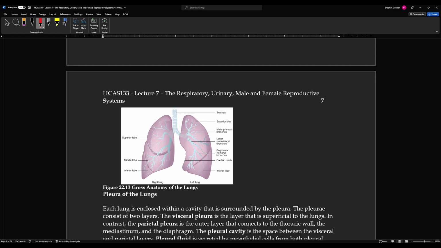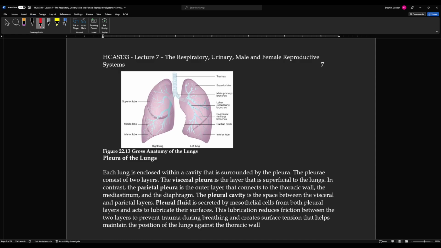I've seen numbers as low as 15 milliliters in that space. And the pleural fluid is created by cells that are commonly grouped together and called mesothelial cells. If you have heard a term similar to that, it would be mesothelioma.